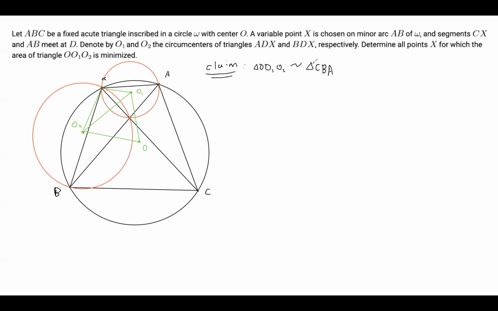Okay, but before we go and prove that, I'm going to add a few points to this diagram. First of all, I'm going to make the intersection of O1O2 with XD be point T, and this one over here is point D. It turns out that since O1 and O2 are both on the perpendicular bisector of XD, because remember triangle AXD has perpendicular bisectors which intersect at O1, and triangle BXD has perpendicular bisectors which intersect at O2, the perpendicular bisector of XD goes through both O1 and O2, so O1O2 is the perpendicular bisector, right?